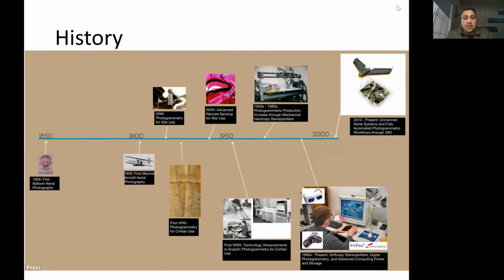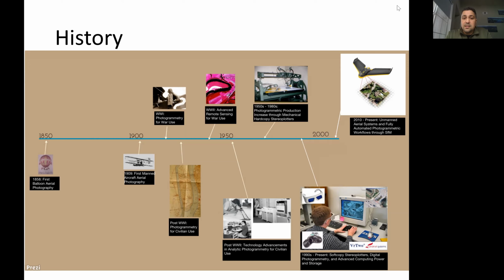He was the first one to record taking an aerial picture from a hot air balloon. And then, as technology got better, I mean, it seems like it takes a long time, at least on this timeline, but we fast forward about 50 years or so.